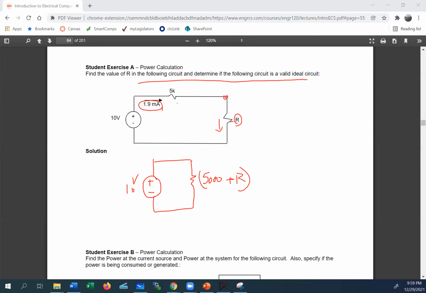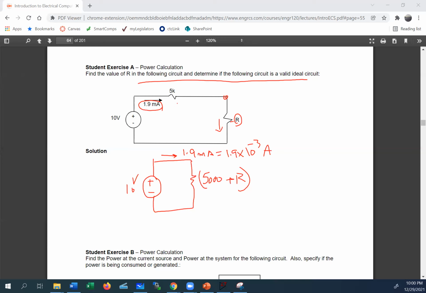It's called series, and you can simply add it. And the current through here is 1.9 milliamps, which another way of writing is 1.9 times 10 to the minus 3 amp. You notice I'm turning everything to amp, volt, and ohm. This way I don't have to worry about funny things happening. Everything is going to be either amp, volt, or ohms.